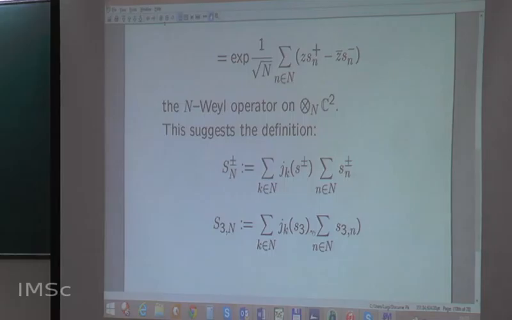As you guess, these operators will tend to creation and annihilation. What will be the limit of this? I think I will explain in the future lectures because it's a subtle point. It depends on the state. It may be the number operator, the identity, or 0, according to the states.